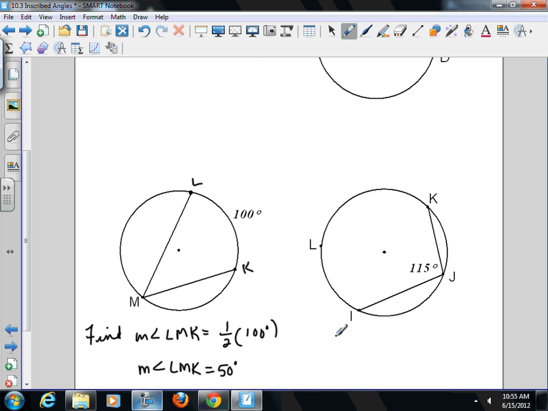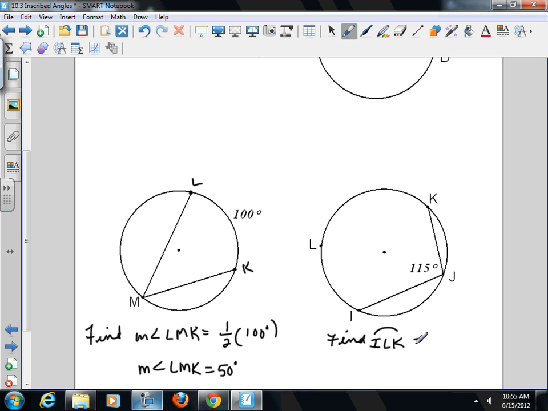Now in this next picture, let's say that we want to find the measure of arc ILK. Now if you think about it, this angle KJI is supposed to be half the measure of arc ILK.